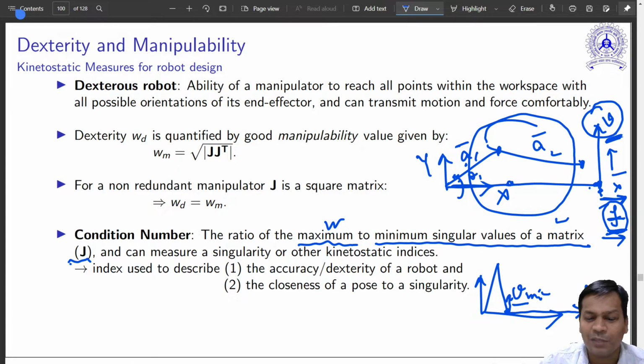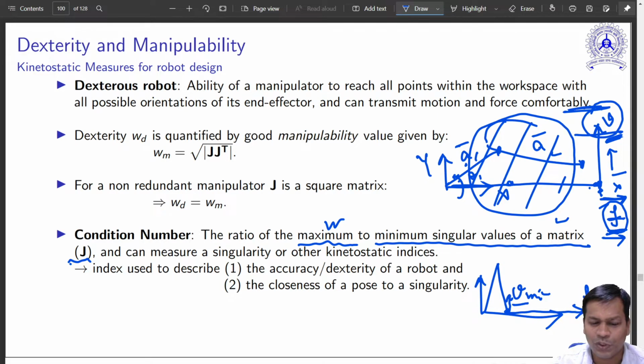There you have an optimum value of velocity as well as force, so you can move better and apply forces in a better way. That is why you want to be in this location most of the time.